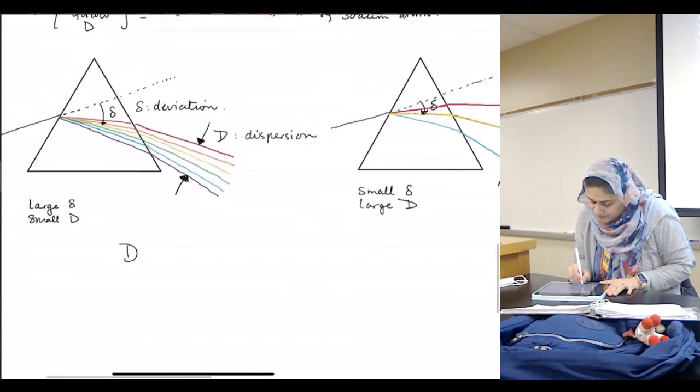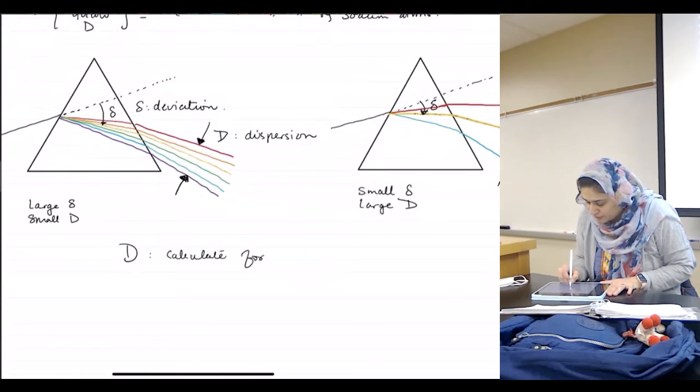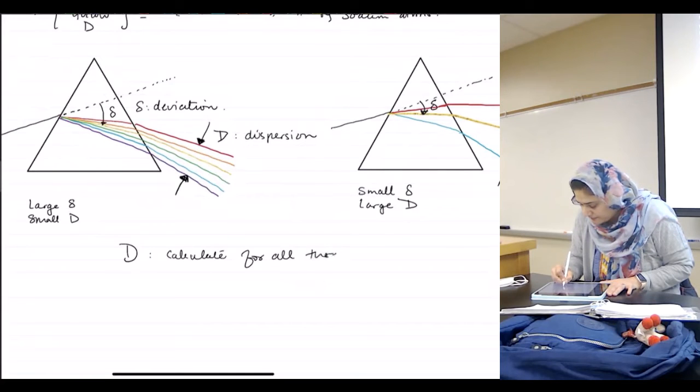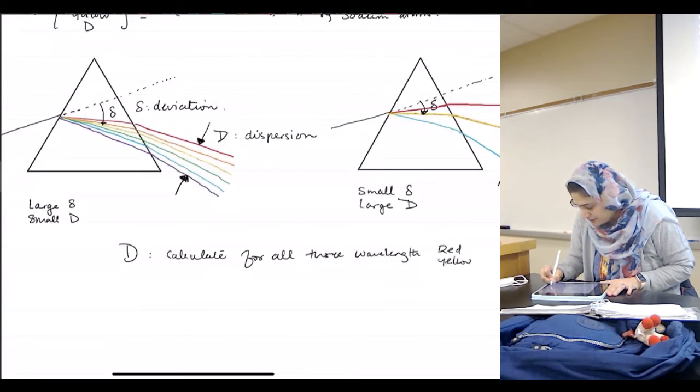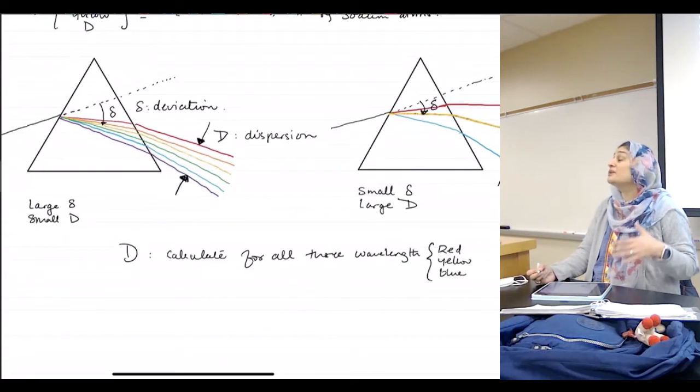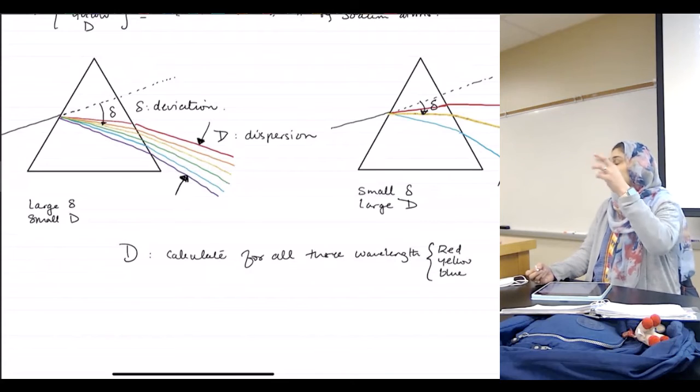I can put everything together by saying dispersion, calculate for all three wavelengths. And what three were we talking about? Red, yellow, and blue. Why these colors? Because they're the easiest to see, technically.